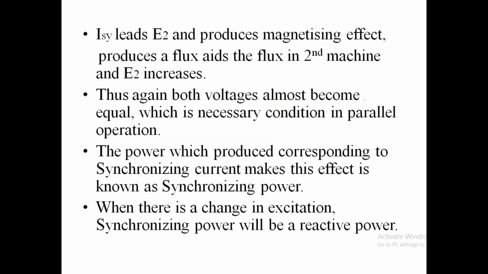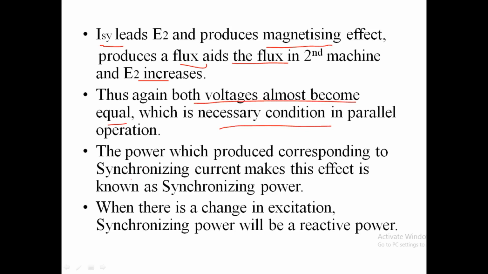That current is known as the synchronizing current. ISY leads E2 and produces a magnetizing effect, a flux that aids the flux in the second machine, and E2 increases. Thus both voltages become almost equal, not exactly, which is a necessary condition in parallel operation.